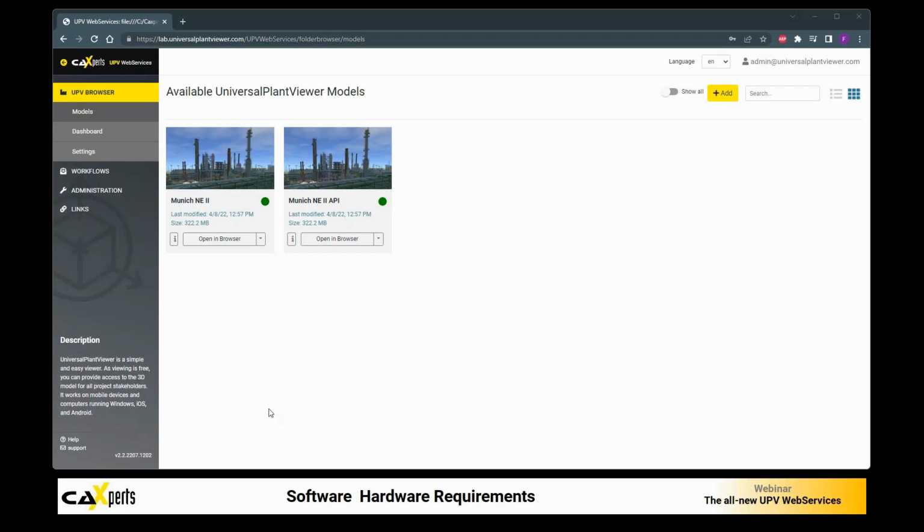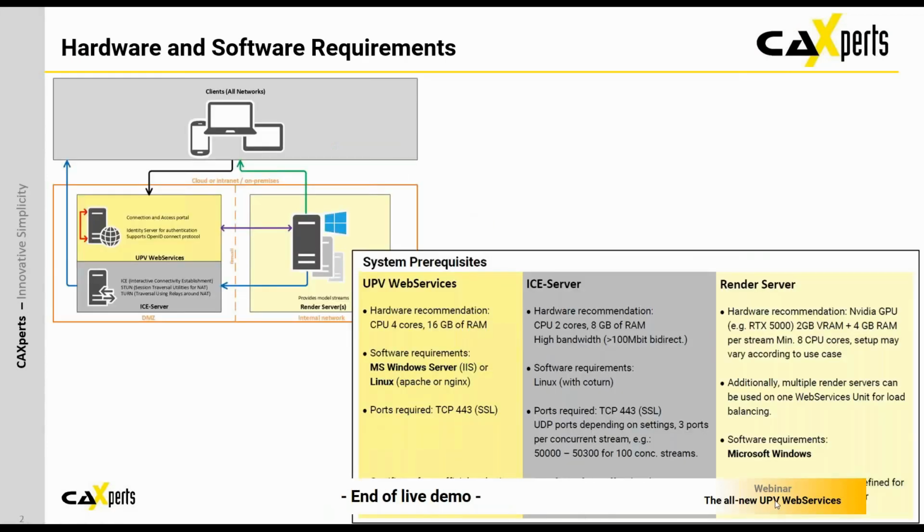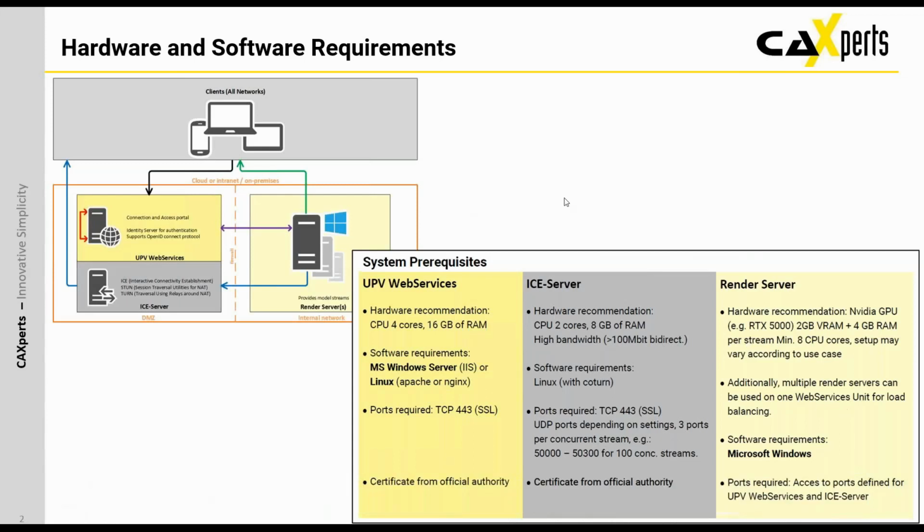So about software and hardware requirements, I've actually seen that I've already exceeded my time. For the software and hardware requirements, we have PDF files, also individualized for different use cases. So to talk about the architecture here, let me just hide this panel.